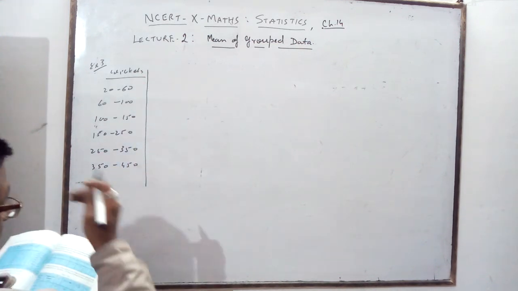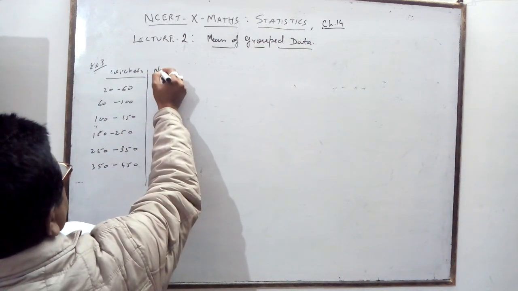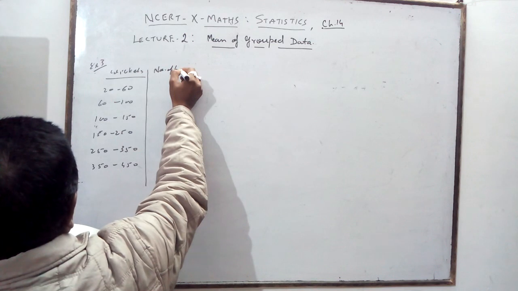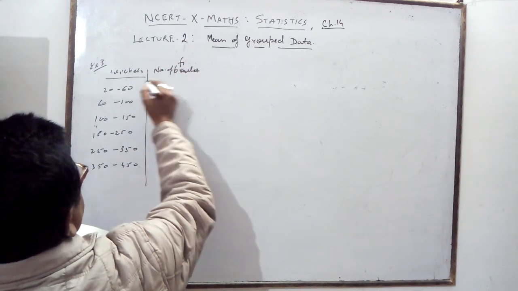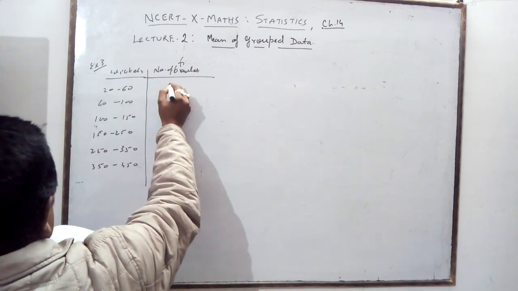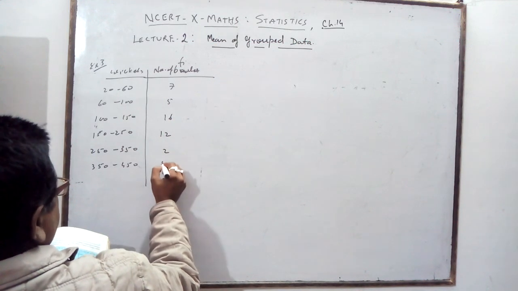And then the number of bowlers, that is f_i, for the class intervals, is given: 7, 5, 16, 12, 2, 5.